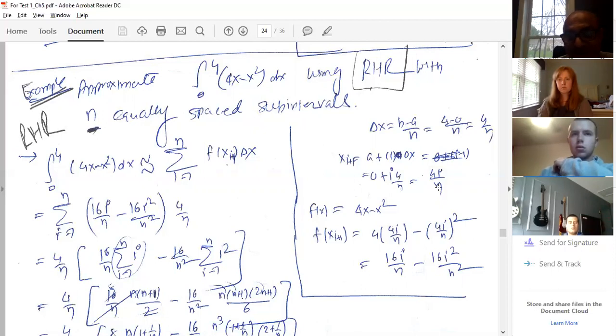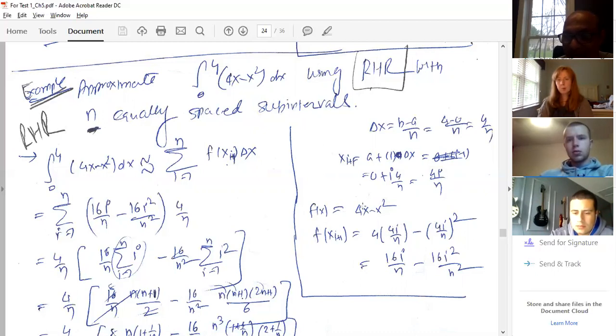General n, so n as it is. Previously n was 4 and 16. Now it is general n. Now my function was f of x equals 4x minus x square. I am looking for f of xi plus 1, so x is replaced by xi plus 1, which is 4i by n. So ultimately I'm replacing all my x's by 4i by n.